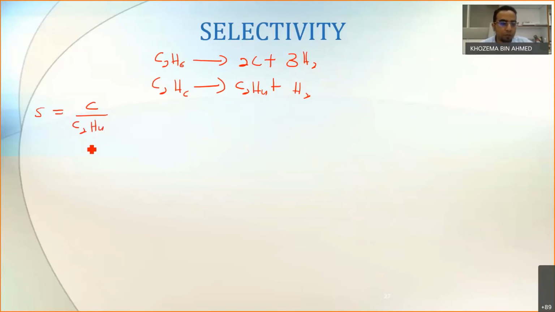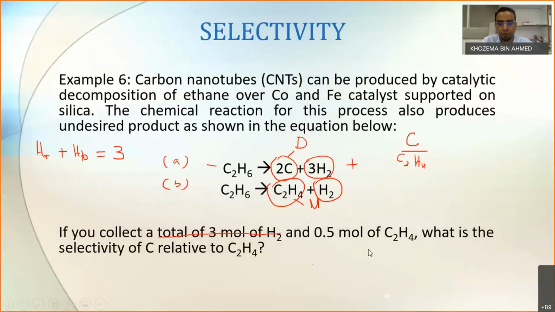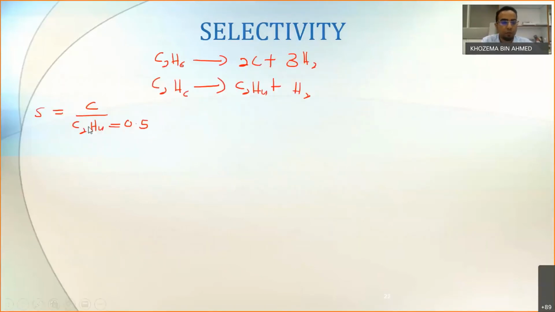We already know the moles of C2H4, which is 0.5, because the question told us 0.5 mole of C2H4 was produced. Now we want to find the moles of carbon, the CNT. The other information given was that the total amount of hydrogen was 3.